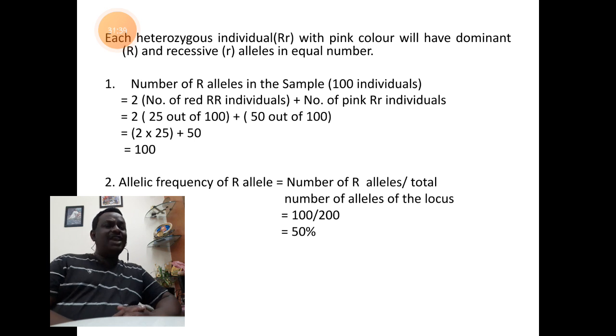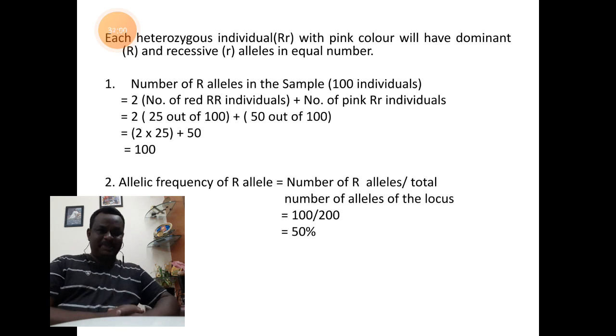We know of the 100, 25% are capital R individuals. So 25 out of 100 have the capital R alleles.